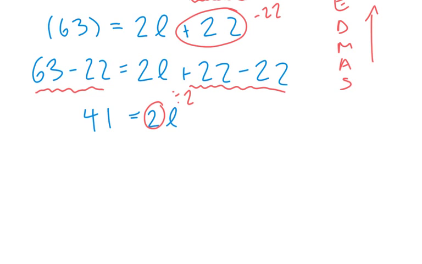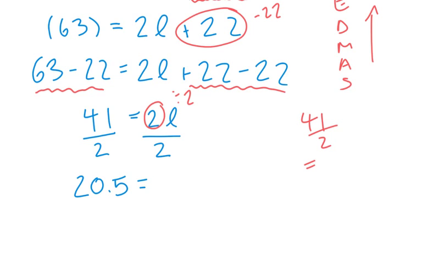I'm going to use fractions to do that, so 41 over 2 and 2L over 2. If you put 41 over 2 into your calculator, you're going to get 20.5. I'm going to show you the work on the side over here. 41 over 2 is the same thing as 41 divided by 2, which is equal to 20.5.